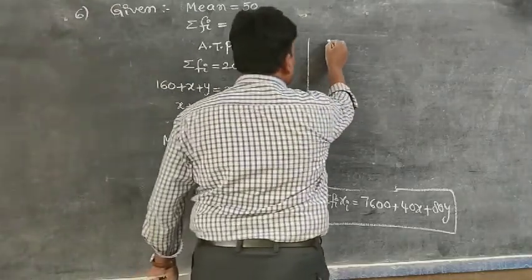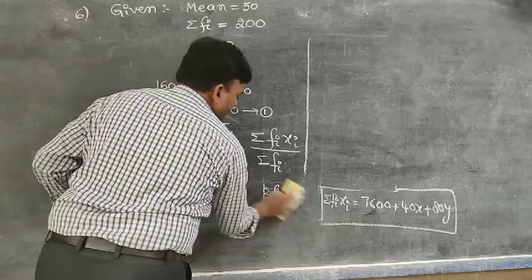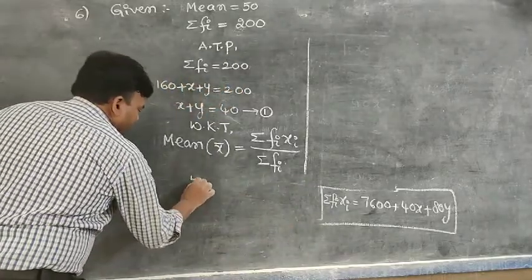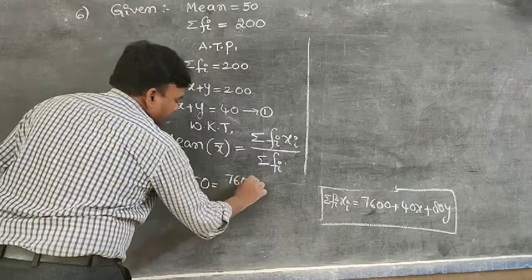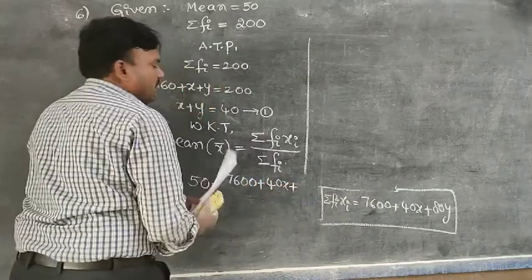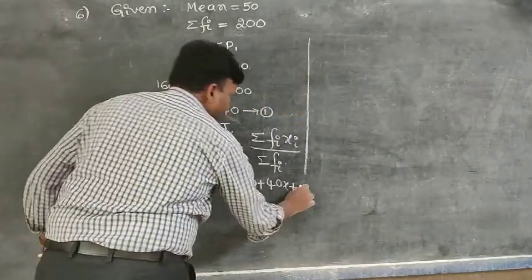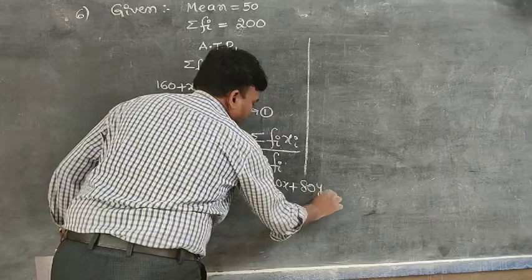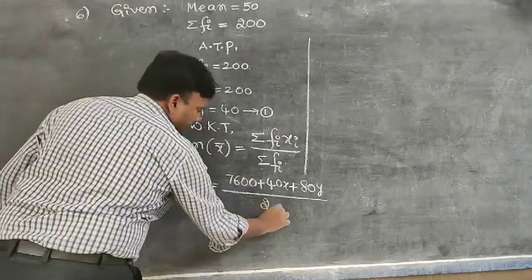So 50 equal to 7600 plus 40x plus 80y by summation Fi value, which is also given, that is 200.